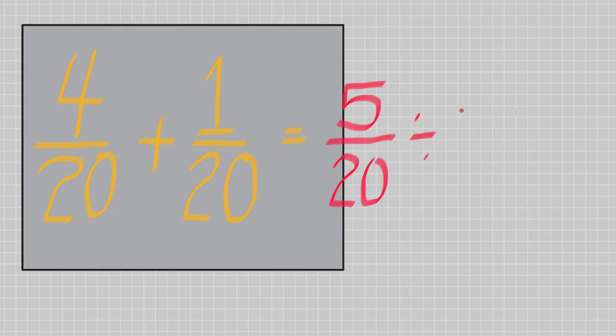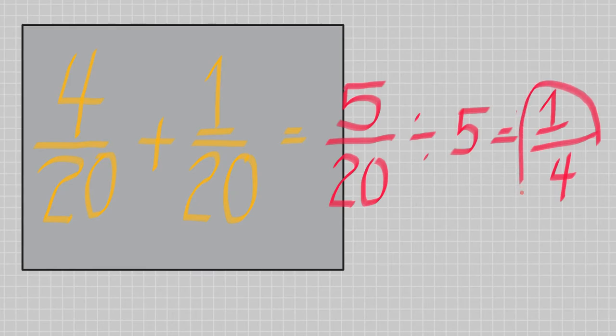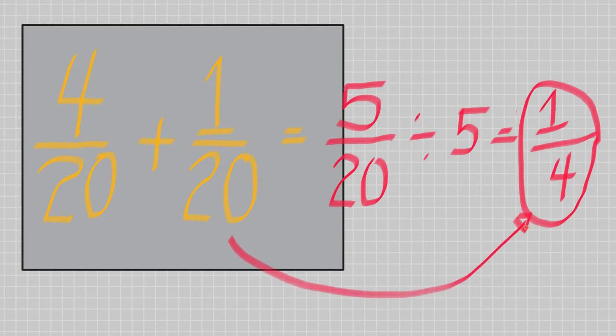Good job, that is 5. So we can have 5 divided by 5, and that is 1. 20 divided by 5, that is 4. So the simplified form is 1/4. So we can say 4 over 20 plus 1 over 20, the answer is 1/4. The simplified answer is 1/4.